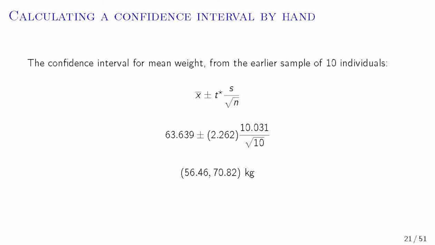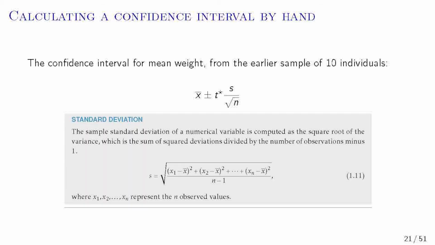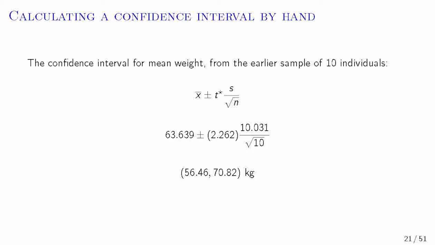The confidence interval for mean weight from the last video is calculated as x bar plus or minus t star times s, standard deviation, divided by the square root of n. If you don't recall the standard deviation formula, I've got it on the screen right now. You might want to write that down. The square root of n is, of course, the square root of 10.